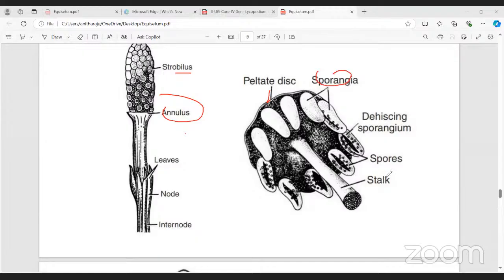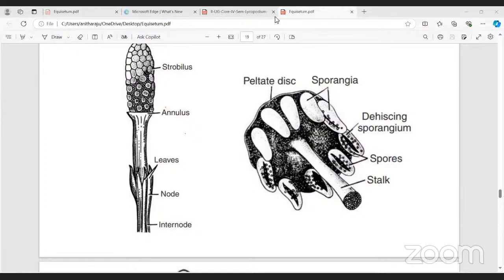Inside the sporangia, spores are present. Each disc with its stalk is one sporangiophore.